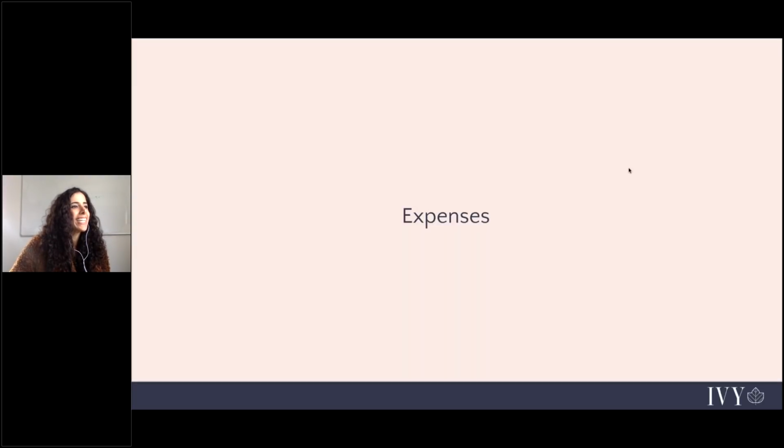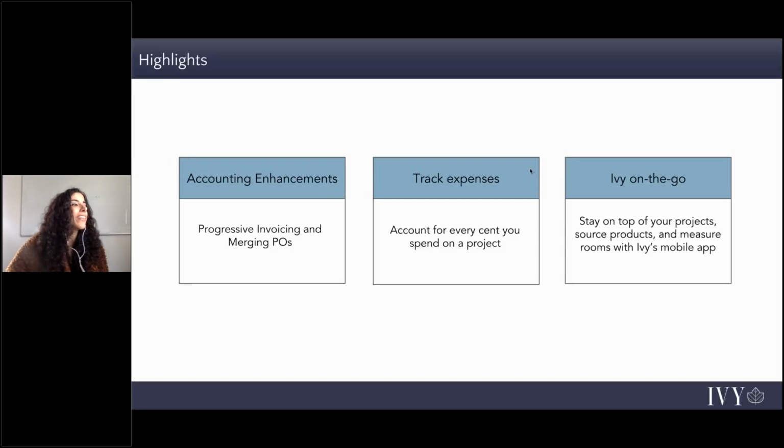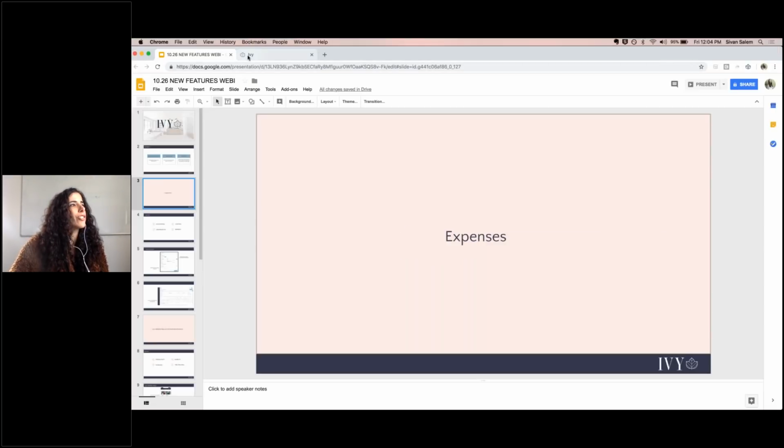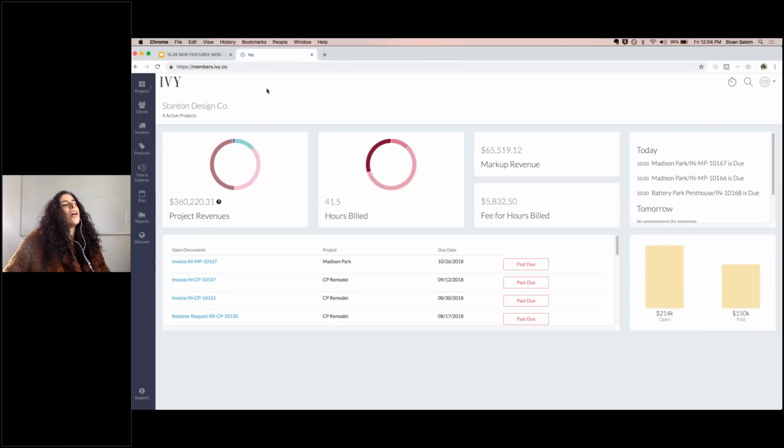So let us start with progressive invoicing and merging POs, and then we'll get to invoicing in just a second. Okay, so I'm going to go into my Ivy app because in order to start with progressive invoicing, it's really important to remember a couple of key tenets that I love to talk about when talking about best practices in Ivy.